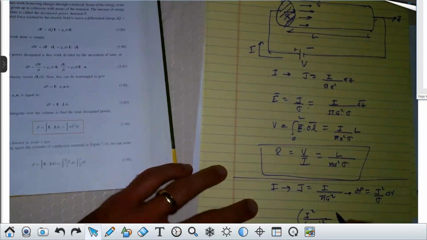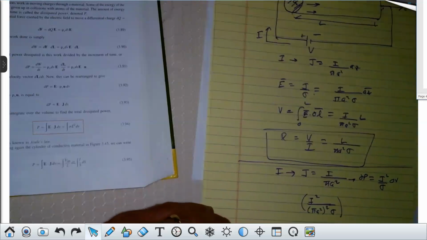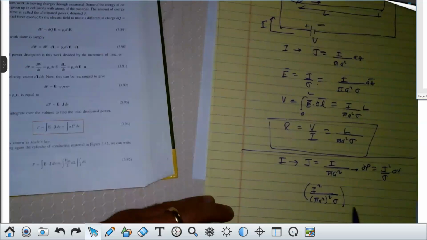J is I over pi A squared, so it's I squared over pi A squared squared divided by sigma. That's the differential power, correct? I mean, do you all see it?